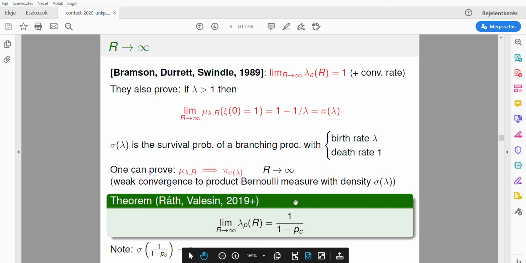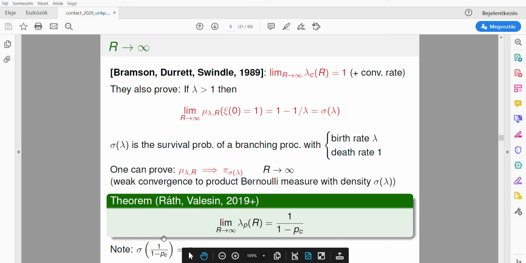If you look at a branching process whose infection rate is smaller than this, then the density of infected sites, asymptotically when r goes to infinity, is going to be less than p_c, and if the infection rate is bigger than this, then asymptotically, due to this formula, the density is going to be bigger than p_c.